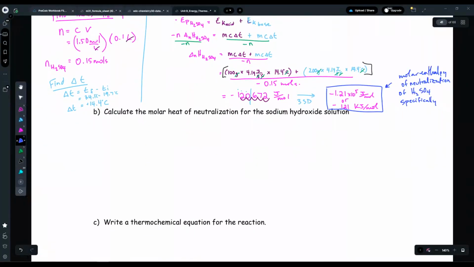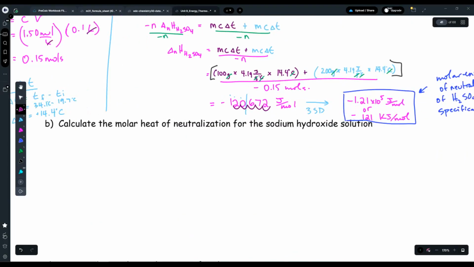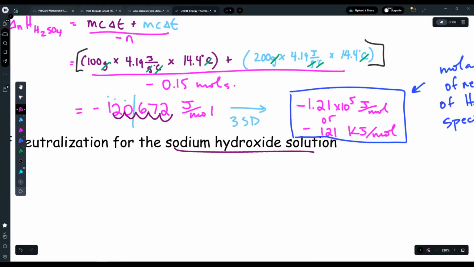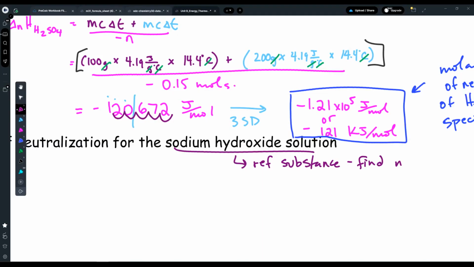Alright, part B asks us to calculate the molar enthalpy of neutralization for sodium hydroxide. So now our reference compound here, or our reference substance, is sodium hydroxide. So we need to find the moles of this.